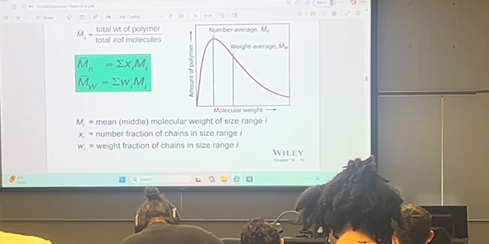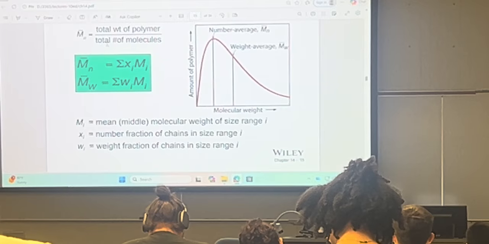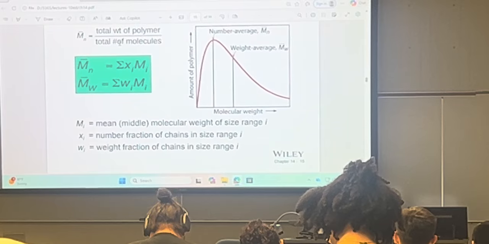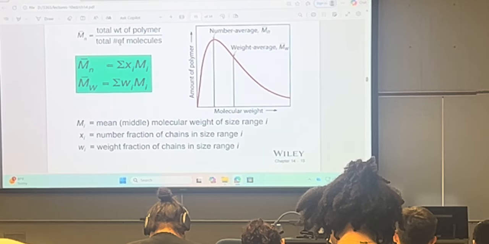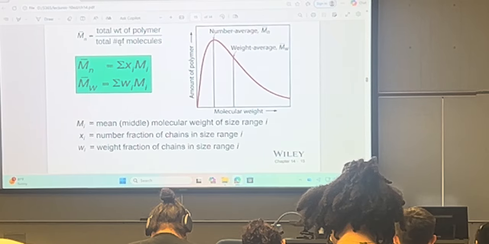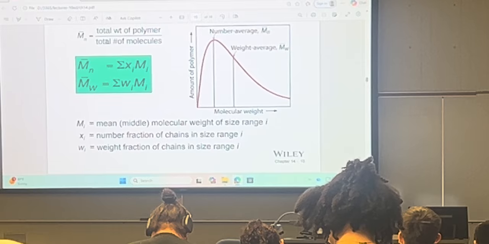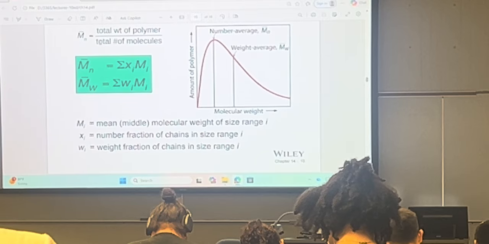Okay, so we sum the total weight of the polymer divided by the total number of the molecules in the polymer, right? Like talking about that spaghetti, you weigh all of the spaghetti, and then you count the number of spaghetti, and that's how you get the number average.